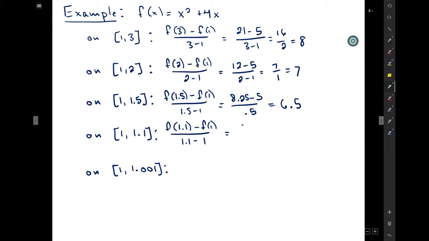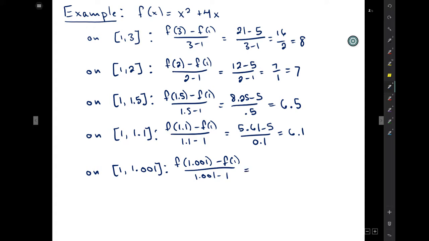So this is going to be 5.61 minus 5 over 0.1, which is going to give me 6.1. And on my last very teeny interval, I have f of 1.001 minus f of 1 over 1.001 minus 1.